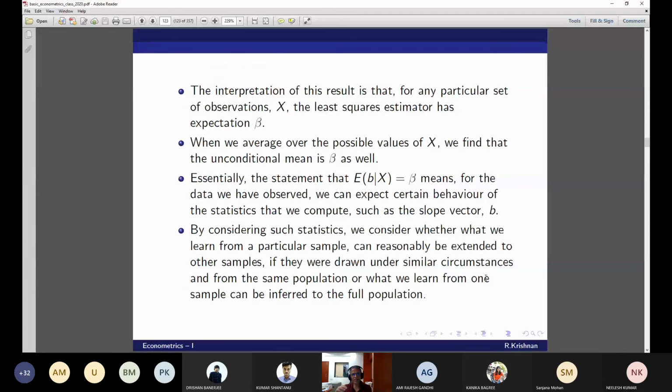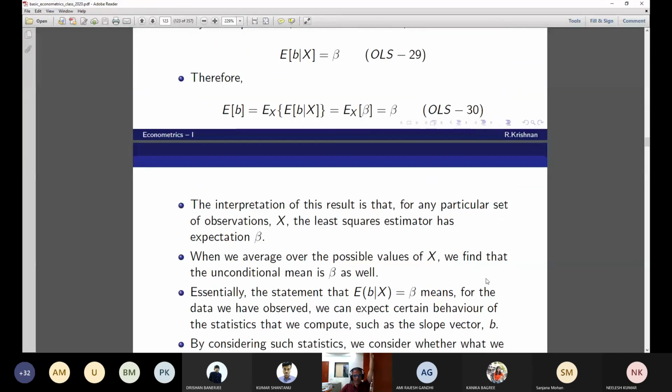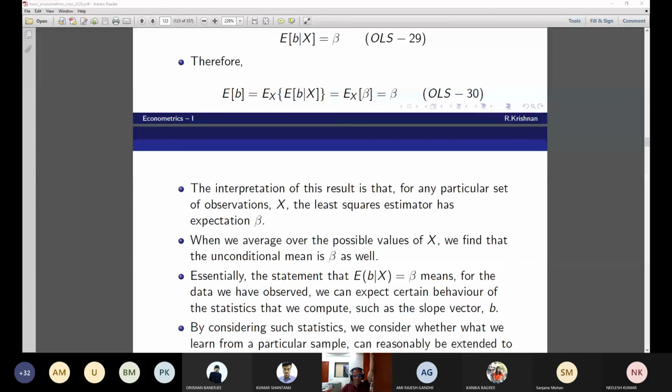The interpretation of this result is that for any particular set of observations X, the least squares estimator's expectation is beta, no matter what X is. It is the same thing we were saying about repeating the experiment a number of times.